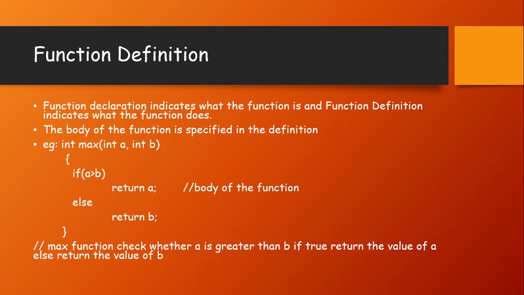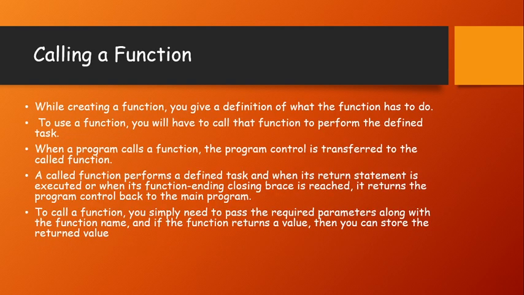Next thing, calling a function. How are we going to call the function? While creating a function, you give a definition of what the function has to do. Okay, so we have done that. To use a function, you will have to call that function to perform the defined task.